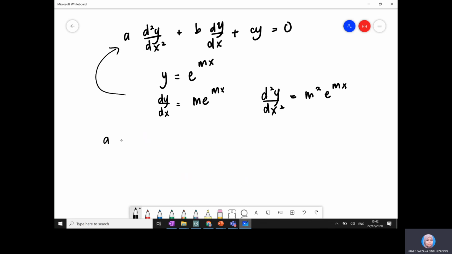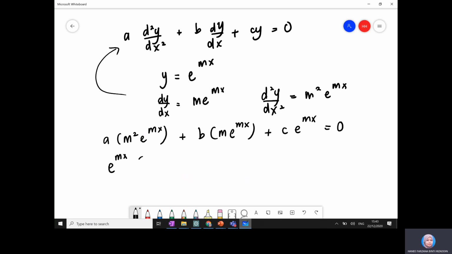So we have a times m² e^(mx) plus b times m e^(mx) plus c times e^(mx) equal to 0. Then we can factorize the e^(mx) outside and put inside here am² plus bm plus c equals to 0.